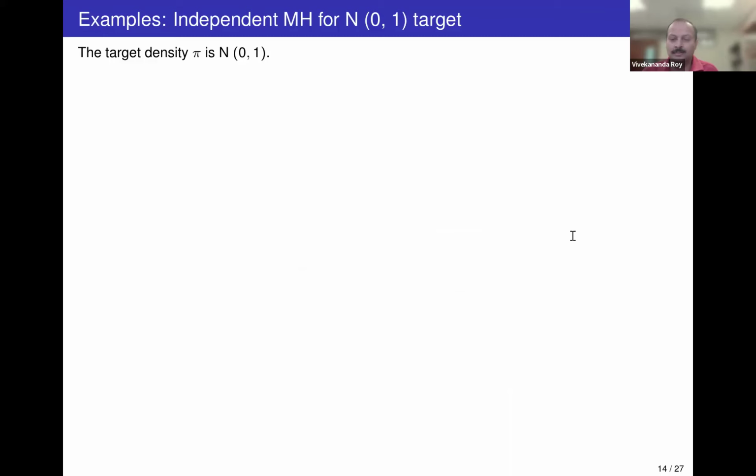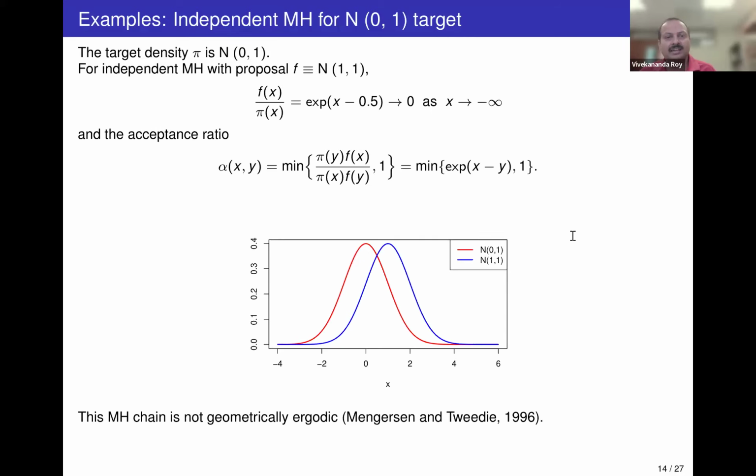I'll start with a simple example where my target density is standard normal. I consider an independent Metropolis proposal with an N(1,1) proposal.